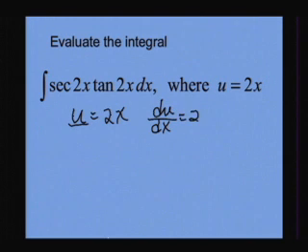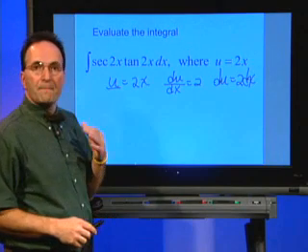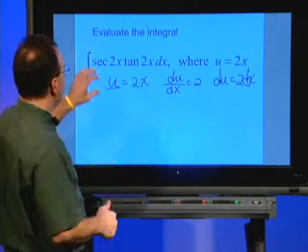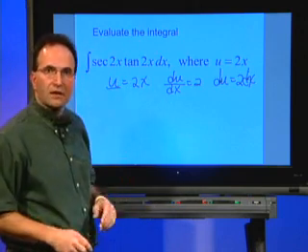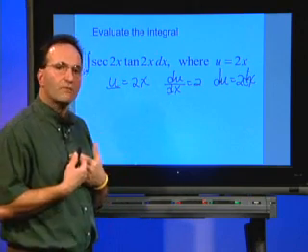And what that means is that du is 2 times dx. And what that now allows us to do is to make a substitution and change this particular integral into something that we're more familiar with.